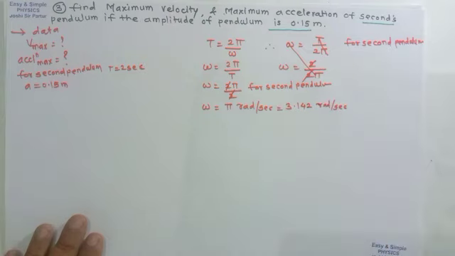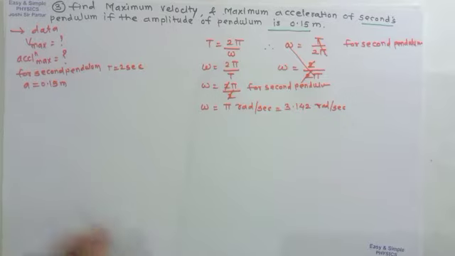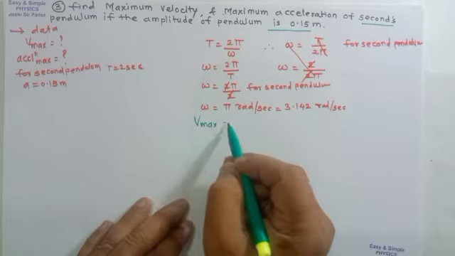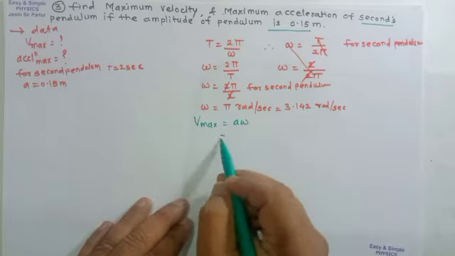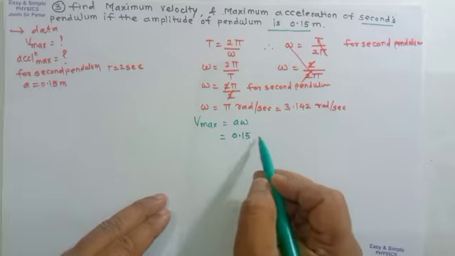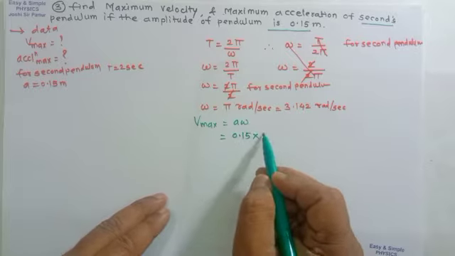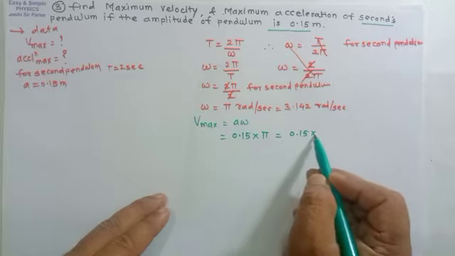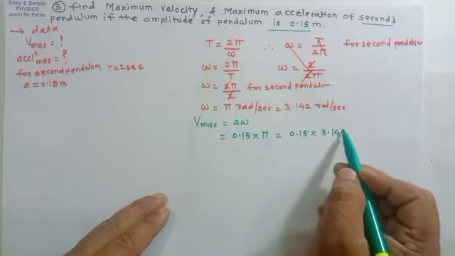But we can find out maximum velocity. So maximum velocity has formula A omega. Substitute the value of A, that is 0.15, into omega, which is pi, that is 0.15 into 3.142.